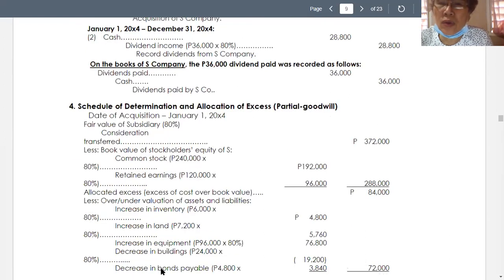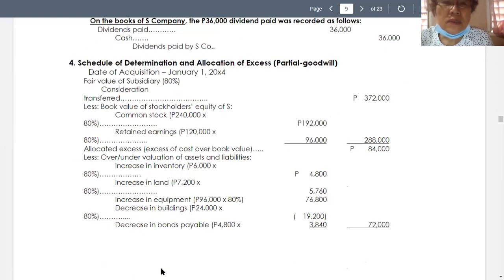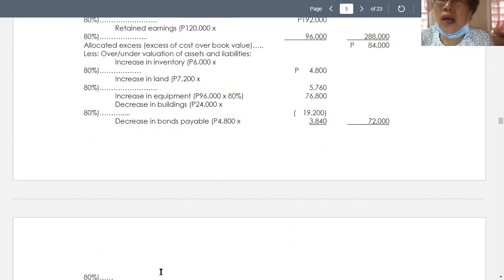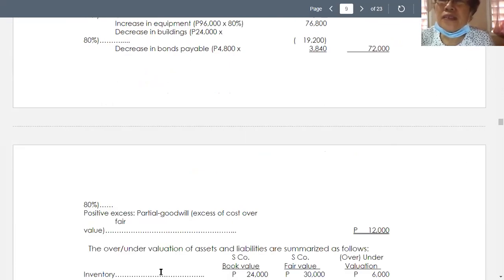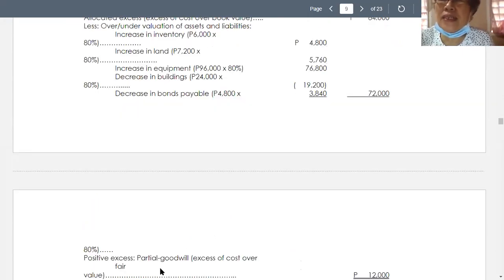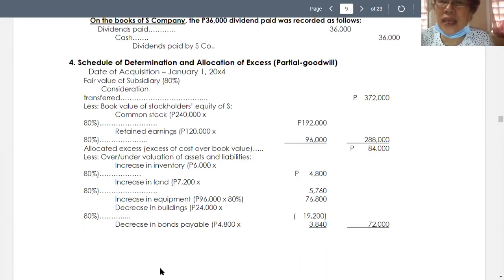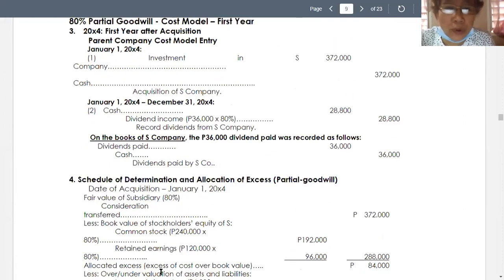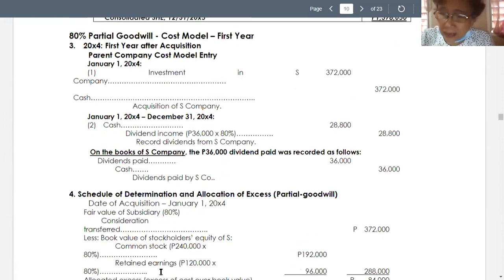I'm now going down to the 84,000. That's the difference between 372,000 and 288,000. We have the difference of 84,000. That's the allocated excess.